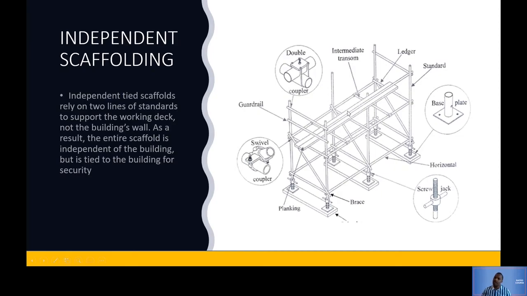So a transom will carry the main weight, but a bracing will assist the transom. I don't know if that makes sense to you, but it's something like that. Just think about it. As you can see here, there are these diagonal bracings. They are really supporting the members to be more rigid rather than carrying the actual weight. A bracing can also carry some weight, but not so much.